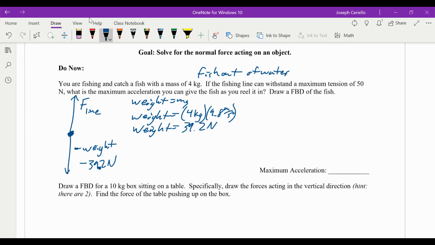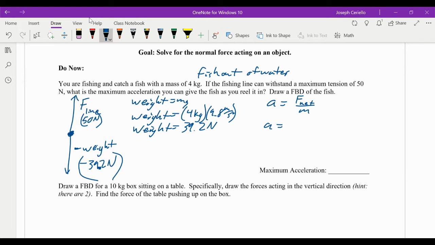So now we have to go to our equation, a equals F net over m. The acceleration is our unknown. For F net, go to the free body diagram and grab those forces. Oh, by the way, I just realized the force of the fishing line, we just said the maximum tension in it is going to be 50 newtons. So that's 50 newtons there. That's not an unknown.